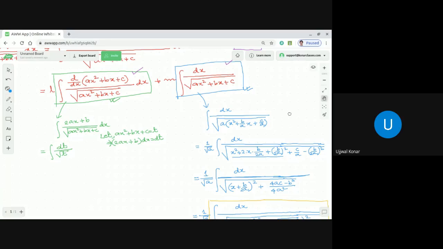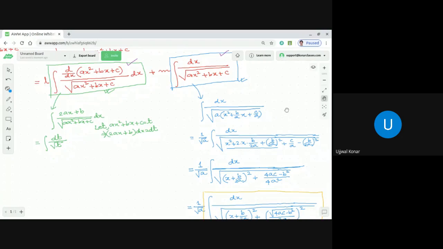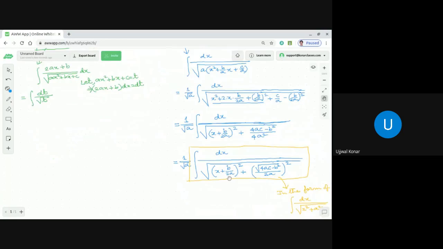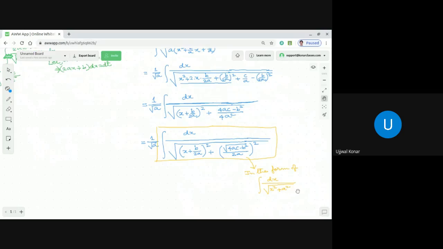The same expression, square root of ax square plus bx plus c, we expressed as square root of (x plus b by 2a) whole square plus (square root of 4ac minus b square by 2a) whole square. Why did we do so? Because this is in the form of dx by square root of x square plus a square, whose formula we are aware of. So that is why it is very important that we learn these steps.